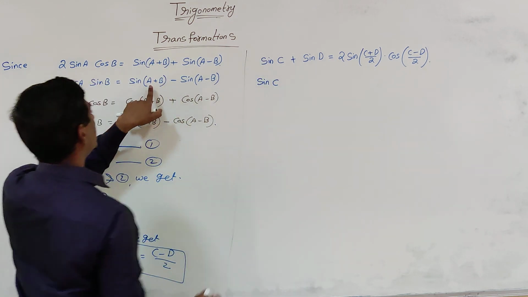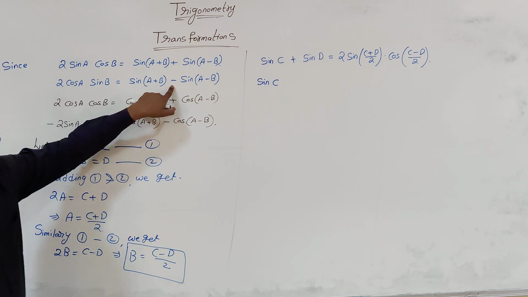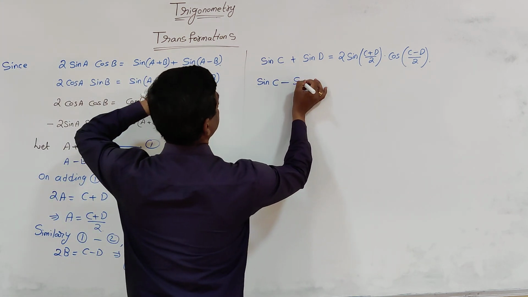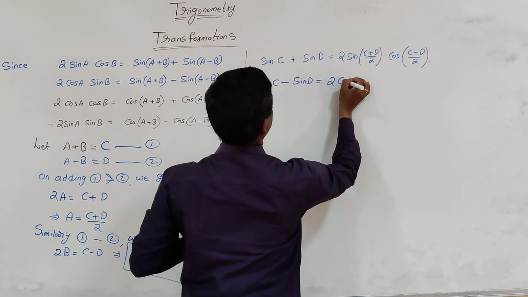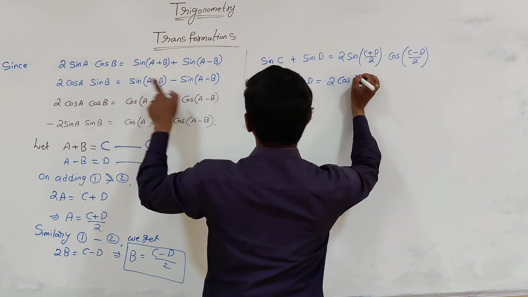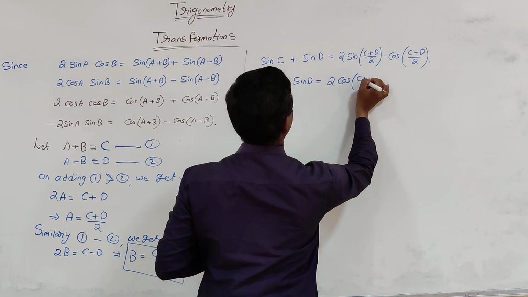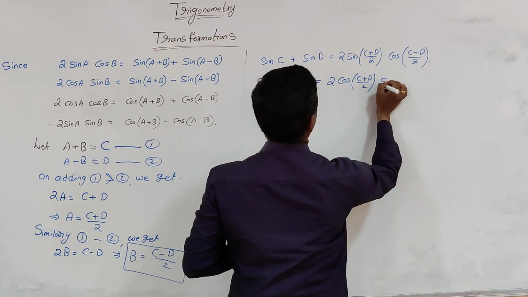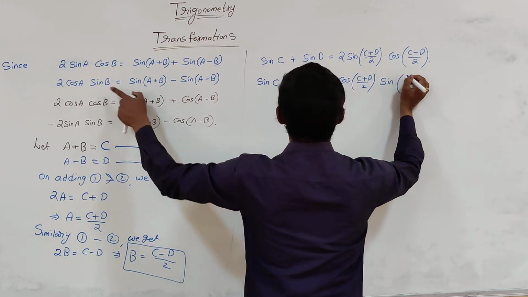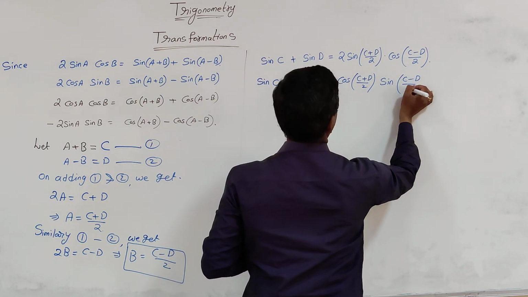Similarly, take this difference: sin C minus sin D will be 2 cos of C plus D by 2 into sin B, that is, C minus D by 2.